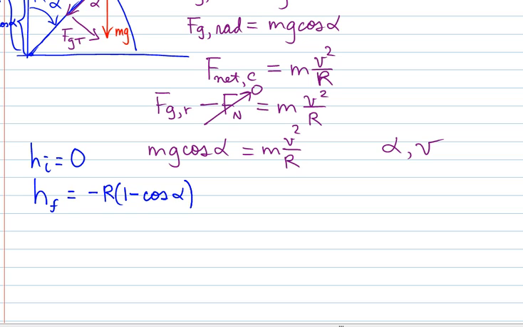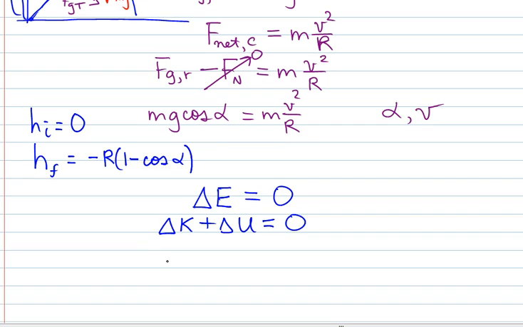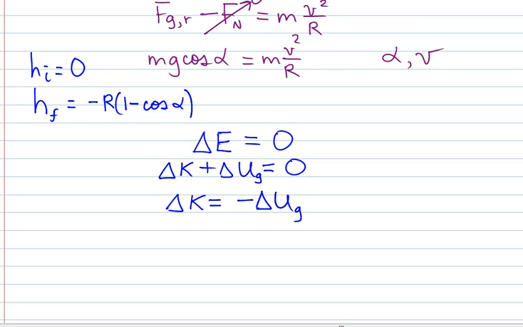Conservation of mechanical energy tells us that the total change in energy is 0, so the change in kinetic plus the change in potential is equal to 0. Or any change in kinetic is equal to the opposite of the change in potential. In this problem we're just dealing with the potential due to gravity.